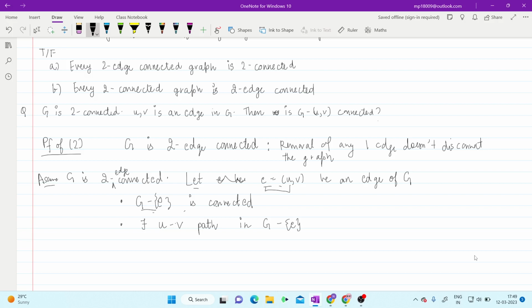Therefore there exists a uv path in G minus e. So G is some graph and uv is some edge, and after removing this edge, the graph remains connected. That means there should be a path between u and v. Now can you see a cycle in G?